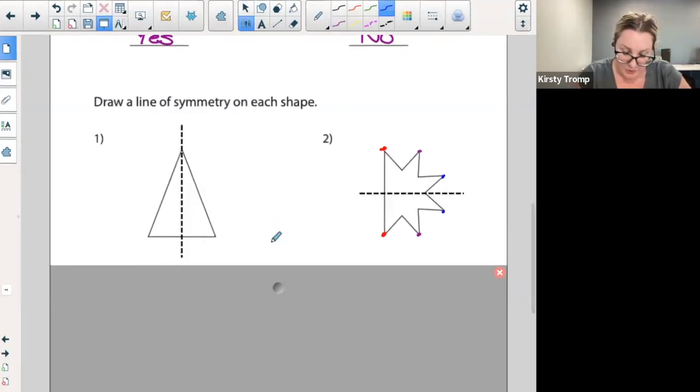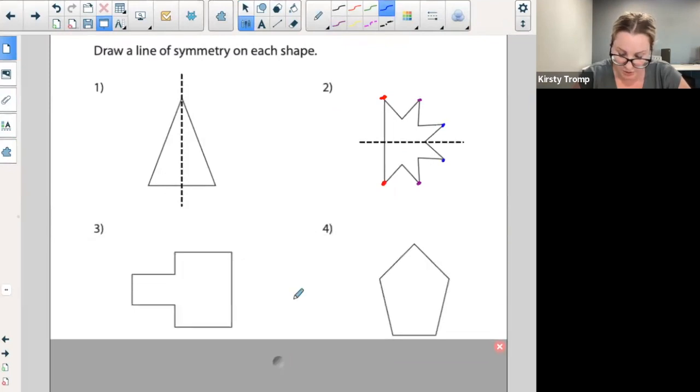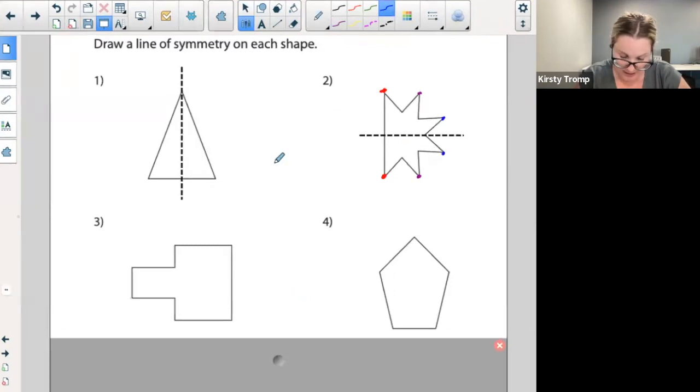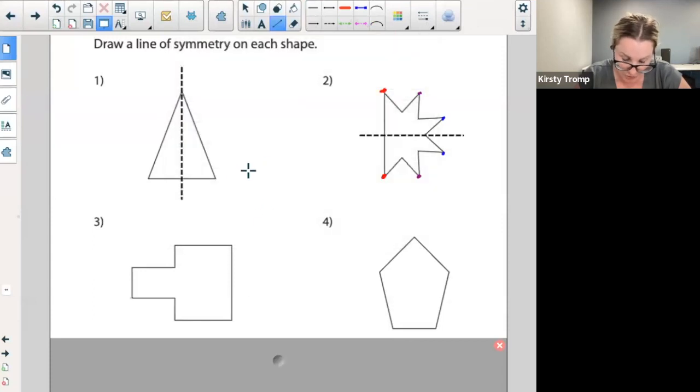All right, now let's let you guys give it a go. To do this, I'm going to draw a line first. So I'm going to do 2 lines. I'm going to do a line that I'm going to call a vertical line, so one that's going from top to bottom.